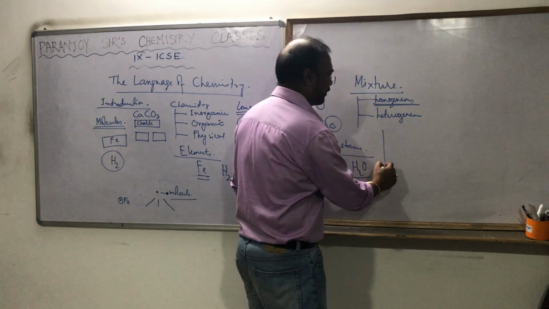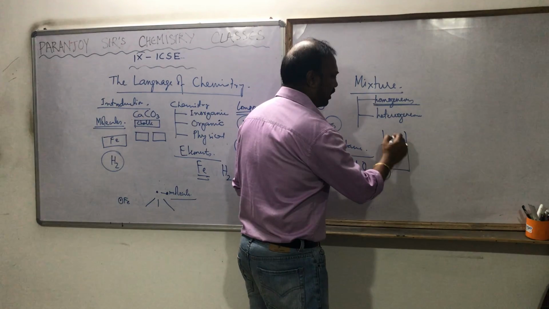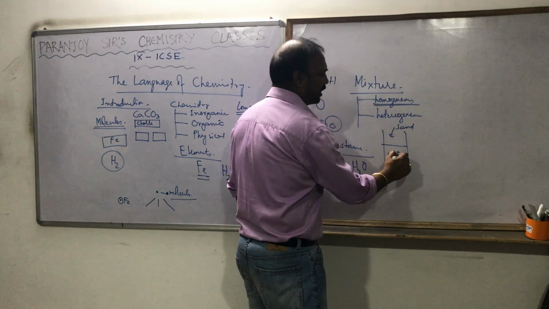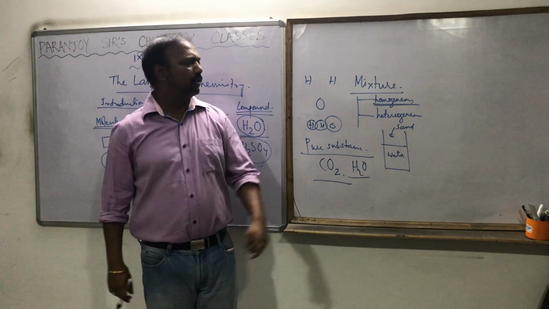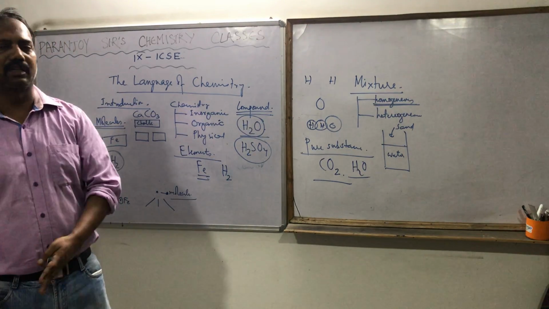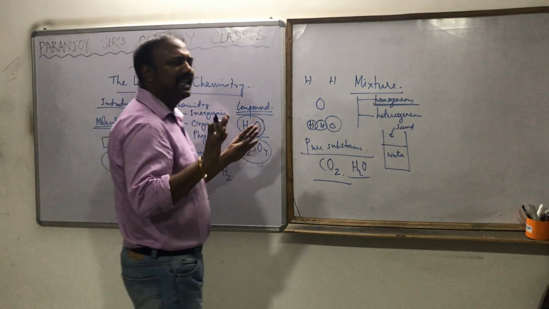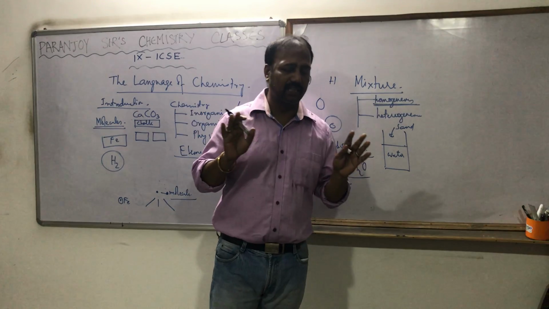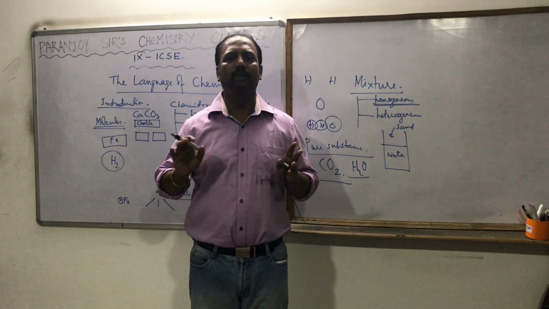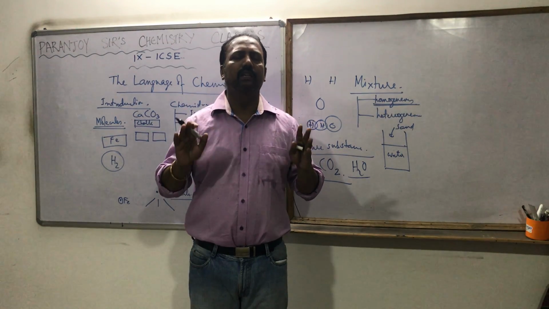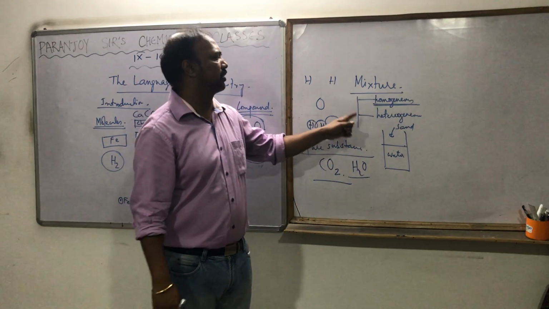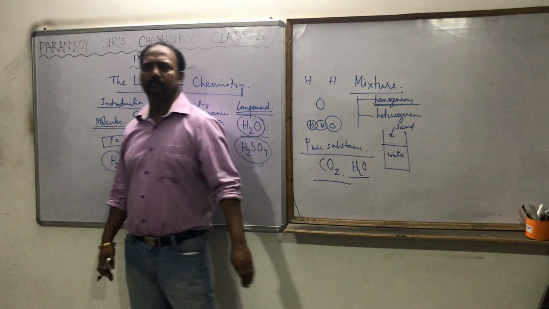For example, if I add some sand in water and stir it, after some time you can see the sand is there, the water is there, and we can easily separate them visually. Those non-uniform mixtures are called heterogeneous mixtures.